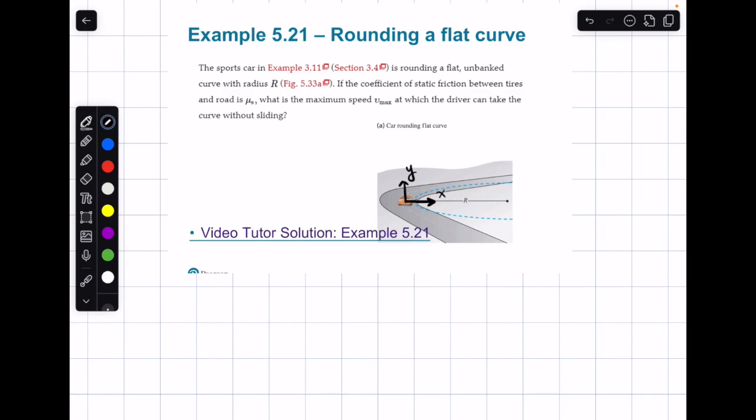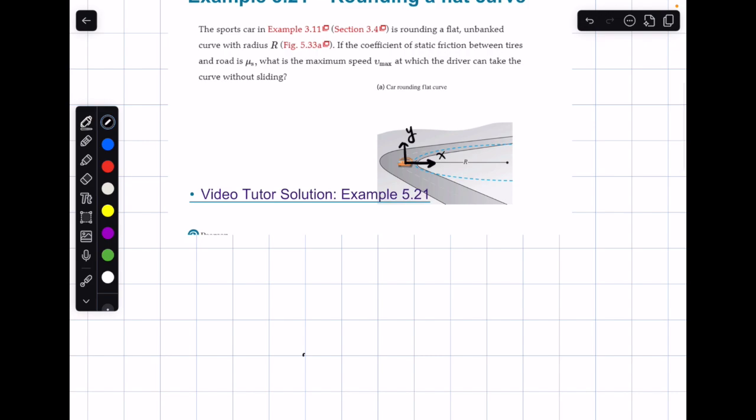This is kind of a strange idea, but when you think about the ball on the string, let me draw the weight vector and the normal vector. That tension in the string is what is keeping that ball moving in a circular direction, and as soon as that tension breaks, that ball is going to start going straight.